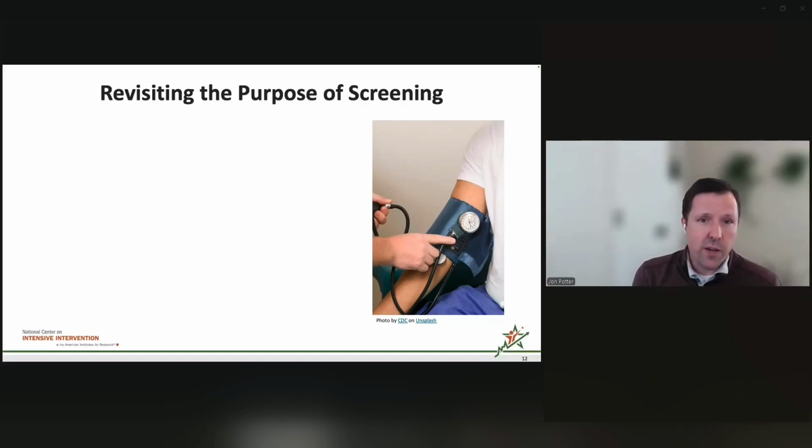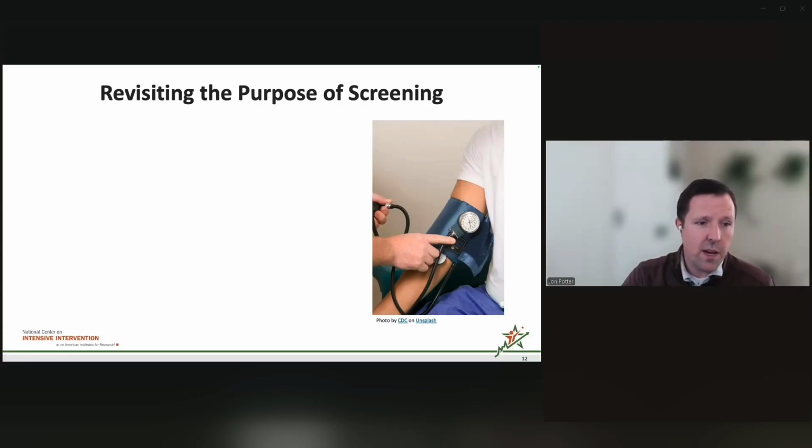But when you go in, you get some pretty consistent measures, assessments taken, right? Like you get your temperature taken, you get your weight, you get your blood pressure taken, as you can see there. Sometimes they do some blood work, but those are all real quick, easy assessments to help determine is your health generally on track, or are you going to be in need of some additional intervention and supports?